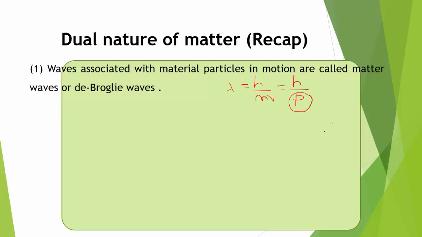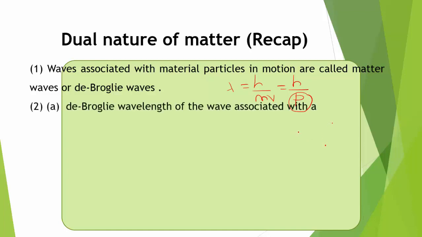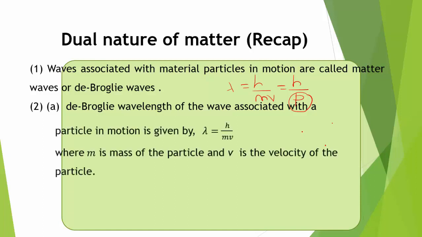And the second property is, de Broglie wavelength of a wave associated with a particle in motion is given by lambda is equal to h divided by mv. Here h is Planck's constant, m is mass of the particle, and v is the velocity of the particle.